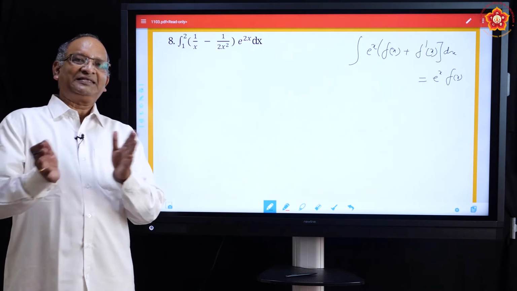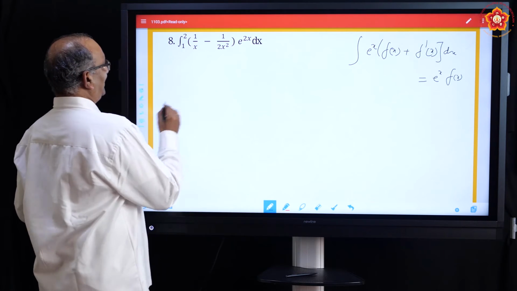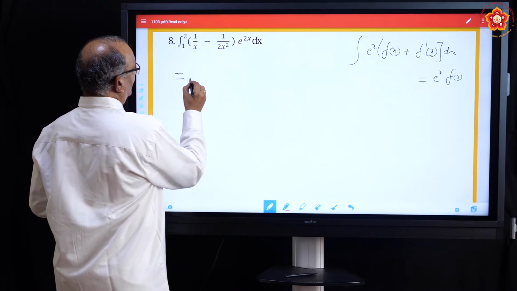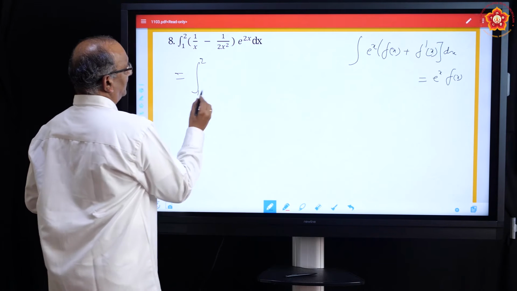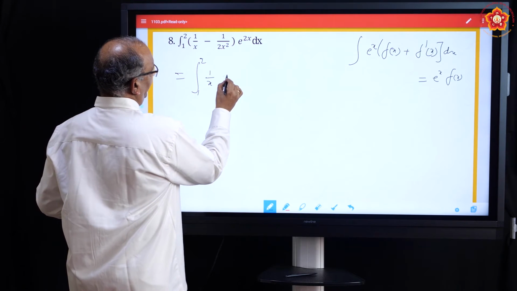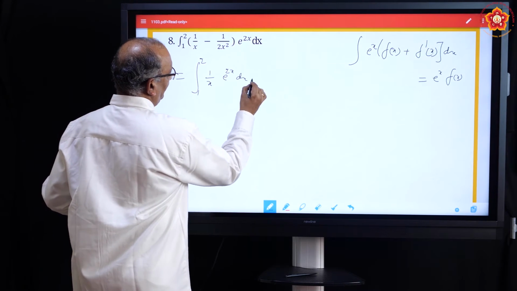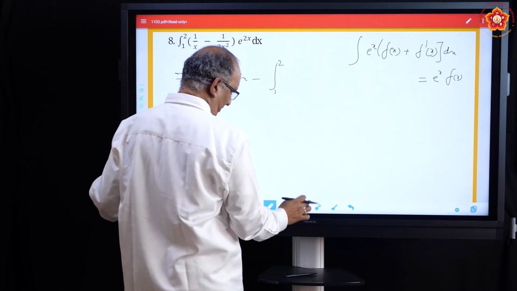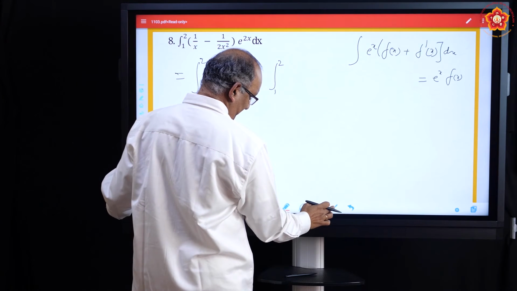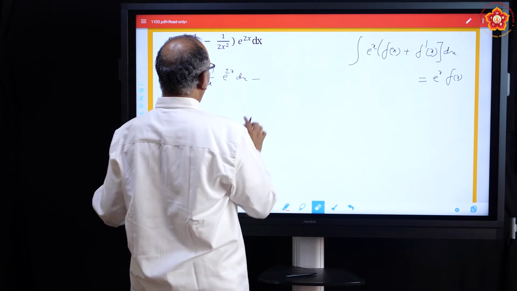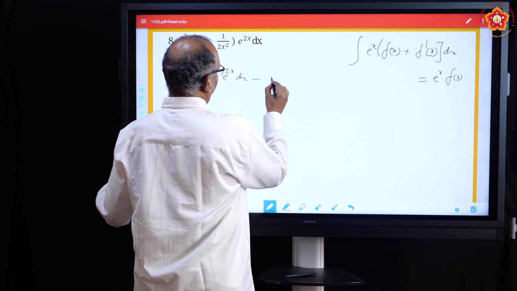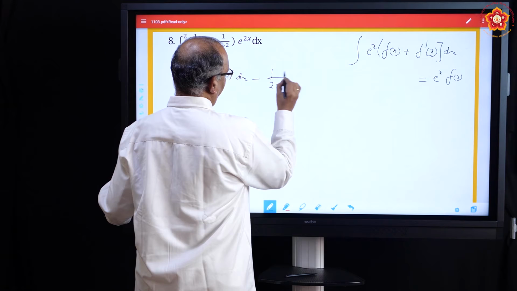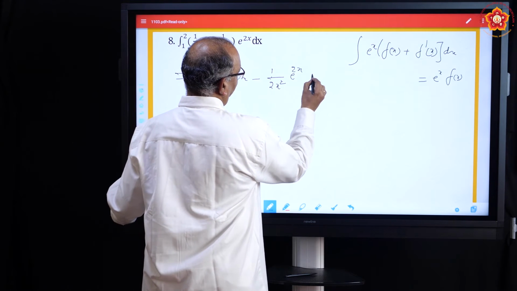So what do we do? We separate into two integrals. So this can be written as integral 1 to 2 of 1 by x e to the power 2x dx minus integral 1 to 2 of 1 by 2x square e to the power 2x dx.